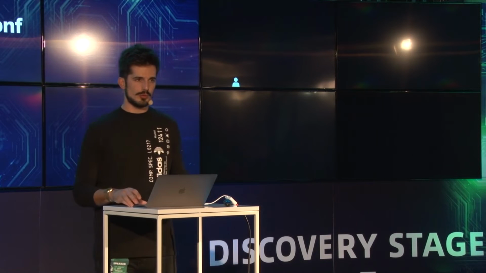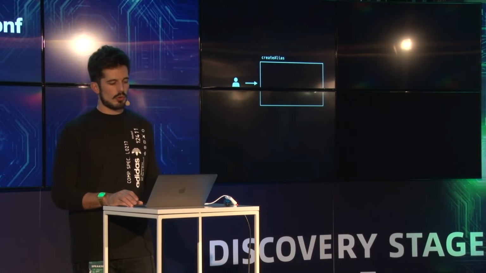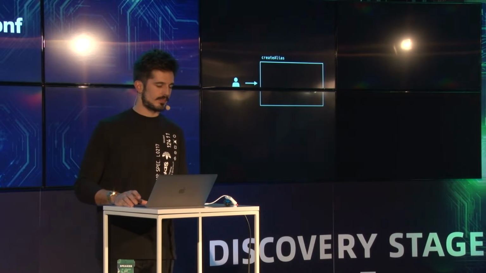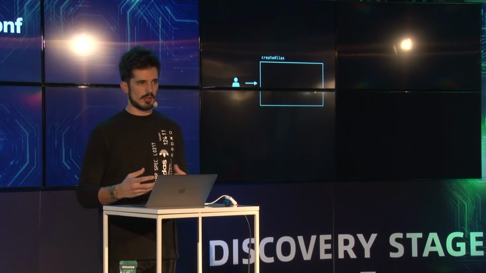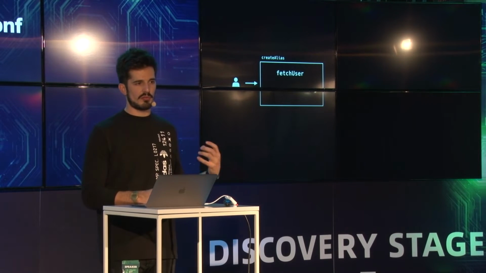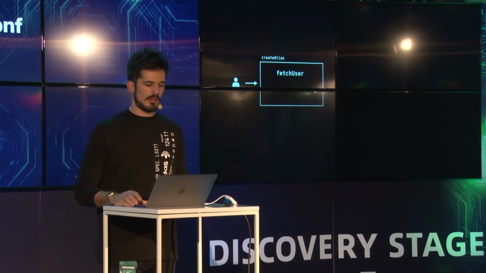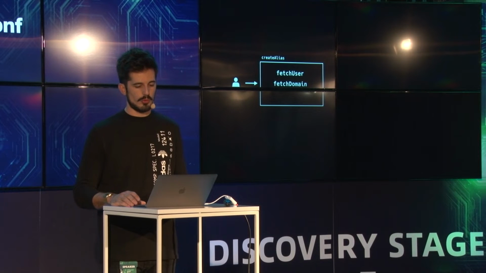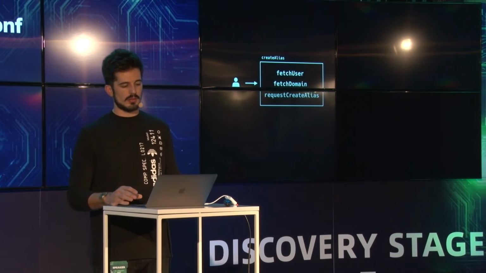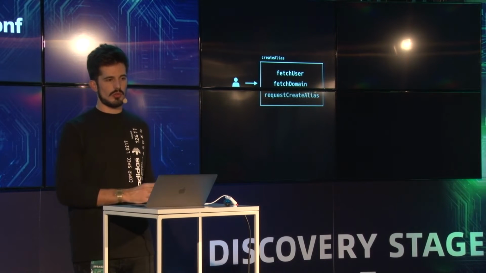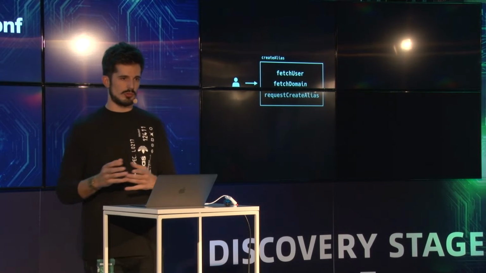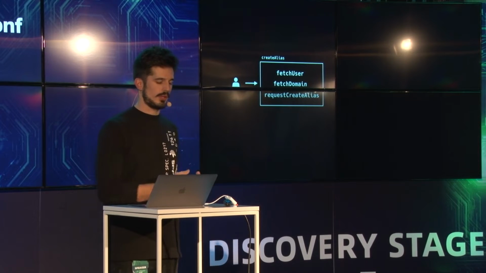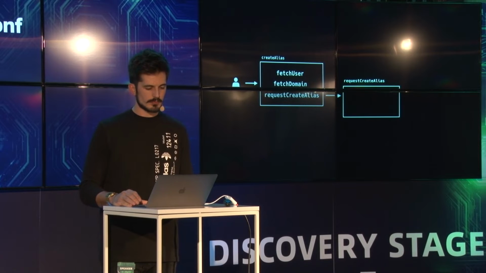So we have a user, and you are going to call this function createAlias. CreateAlias is going to do a few things. First of all, it's going to fetch a user, and then it's going to fetch a domain. And assuming those two went well, it's going to create an alias. It's going to call this requestCreateAlias function, which is the one that is going to perform the request.